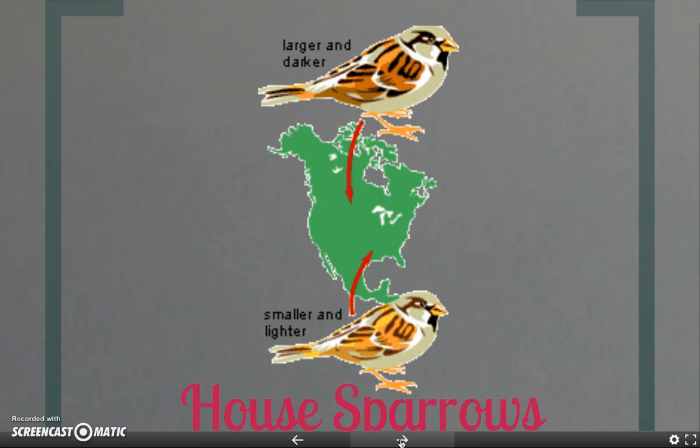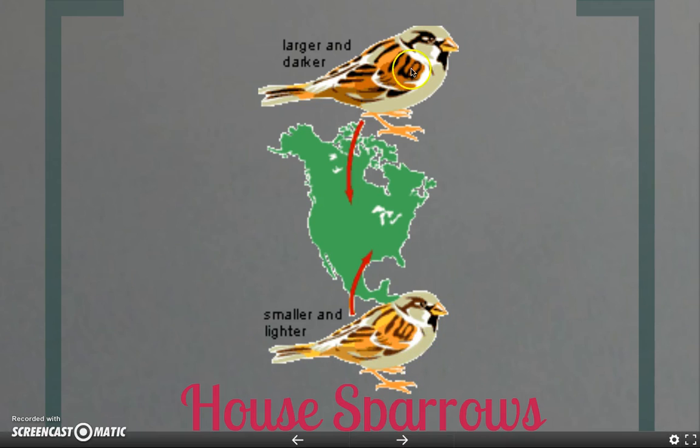And basically, since 1852, here in the United States, people have been able to observe the common house sparrow changing into two different distinct species. One that is larger and darker colored that lives in the northern part of North America, and then a smaller, lighter colored bird that's in the southern part of North America.